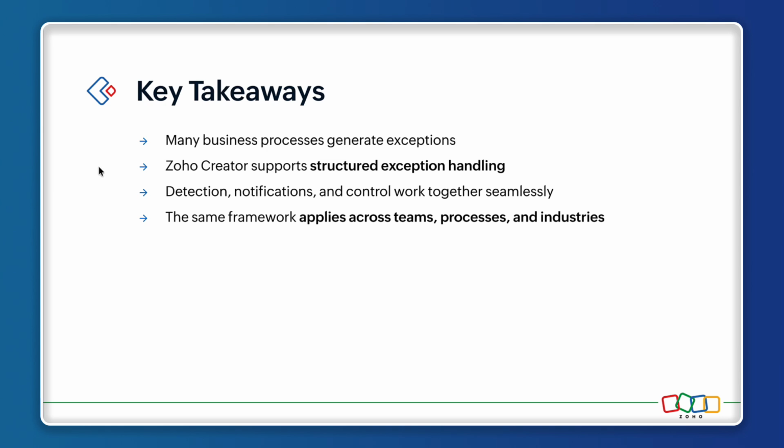The model is detection, notification, and control, which work together to provide a seamless solution. The framework we discussed applies across teams, businesses, and industries wherever you want to handle incidents or exceptions in a more convenient way.